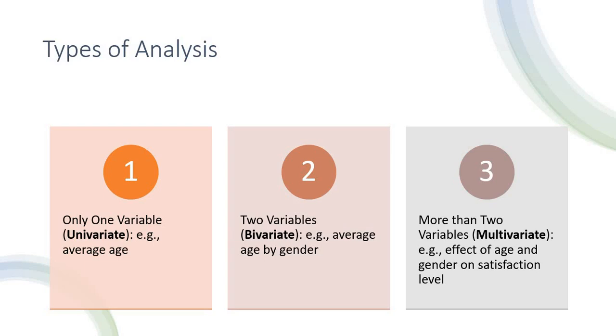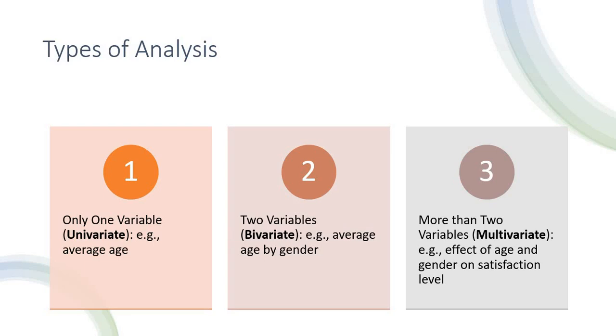So univariate analysis is mostly concerned with descriptive analysis, while bivariate analysis can be either descriptive or inferential, but univariate analysis is mostly descriptive and multivariate analysis is mostly inferential. So these are the types of statistics.